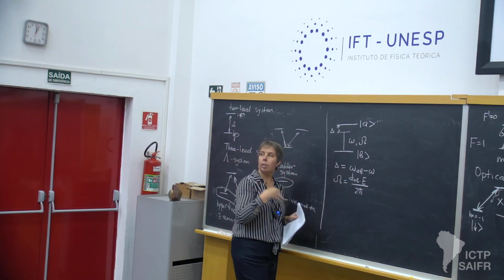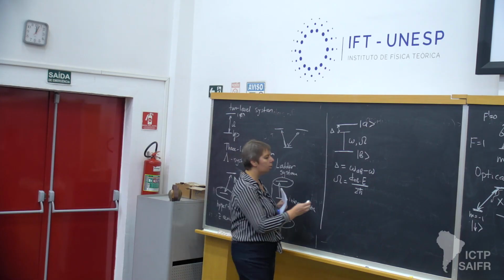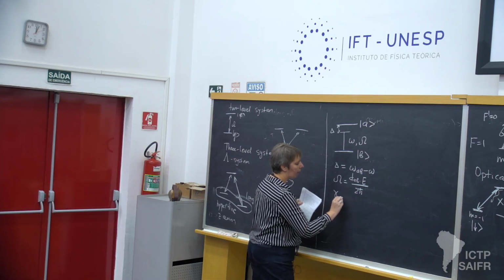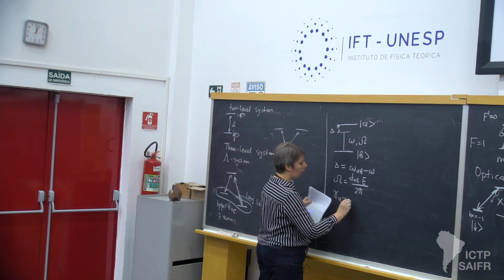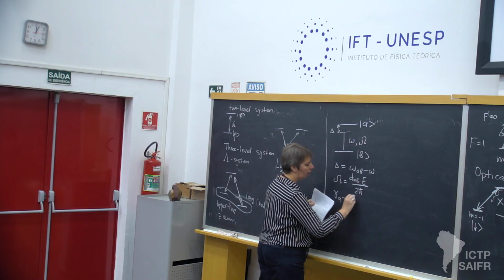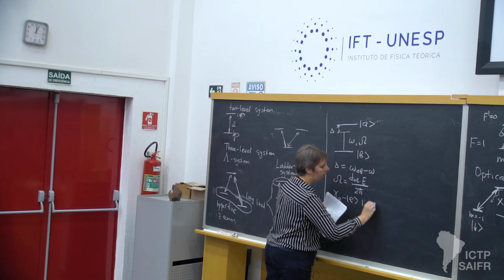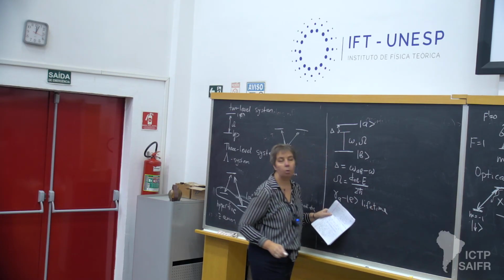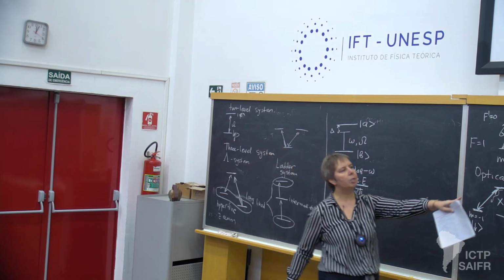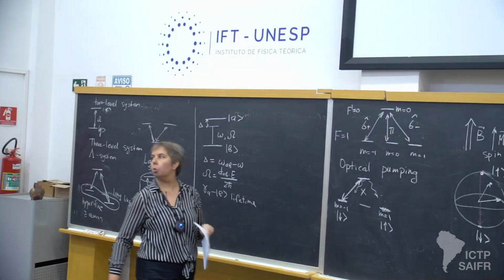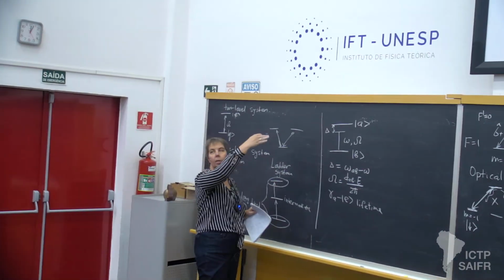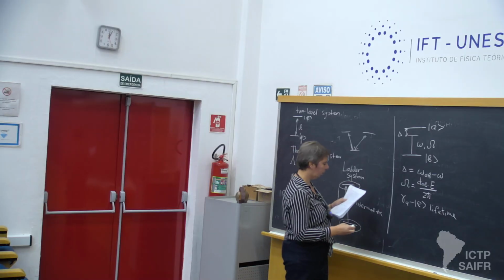And here we need to introduce the actual decays. So we will say that gamma A is going to be the excited state's lifetime. So that will correspond to T1, which I introduced before. If we put something up, how long is it going to stay there?